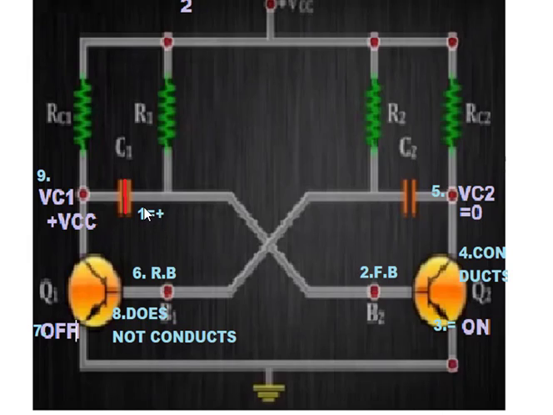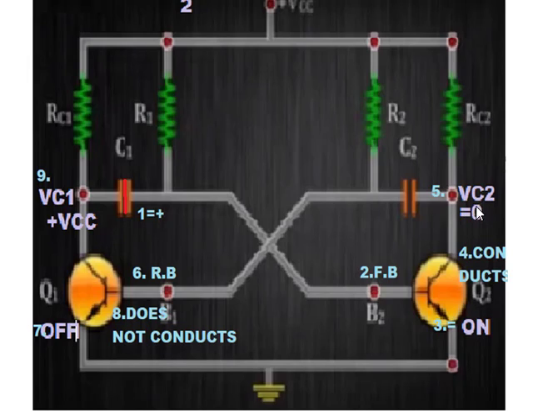So the positive voltage is supplied to transistor 2, which was in reverse bias and is now forward biased, and it starts to conduct. The voltage available here is now 0. Already the voltage at this collector was high, now it becomes low, and the voltage that was 0 here shifts to plus VCC.